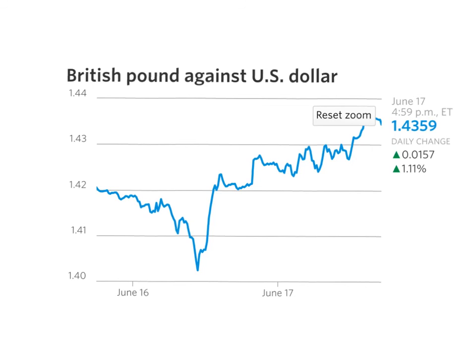When there was more news that showed the probability of Britain leaving the European Union had decreased, it was more likely that Britain would stay in the European Union. Traders liked that news, and so the value of the British pound increased. So this is the sort of reaction that foreign exchange markets have every second of every day, 24 hours a day, in reaction to any kind of news pertaining to the state of the different global economies.